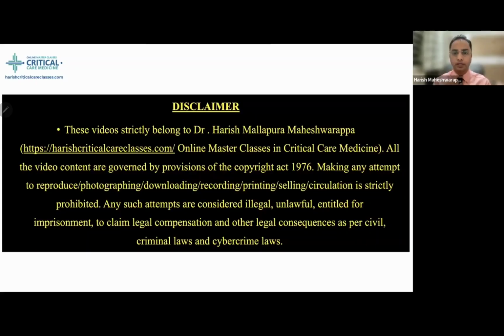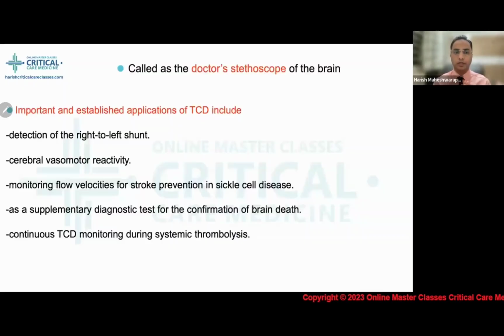We do a TCD and are able to screen them, and appropriately we can schedule an angio and proceed with either some intervention to prevent that cerebral vasospasm, or maybe pharmacological therapy. So basically, transcranial Doppler is called the doctor's stethoscope of the brain.